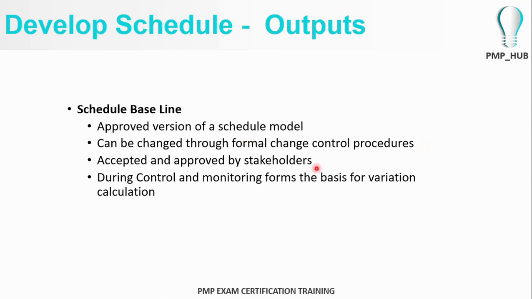The schedule baseline should be accepted and approved by all stakeholders, so that it is agreed upon that this is the project baseline schedule. During the control and monitoring process, there can be variations and adjustments done through the change control procedures.